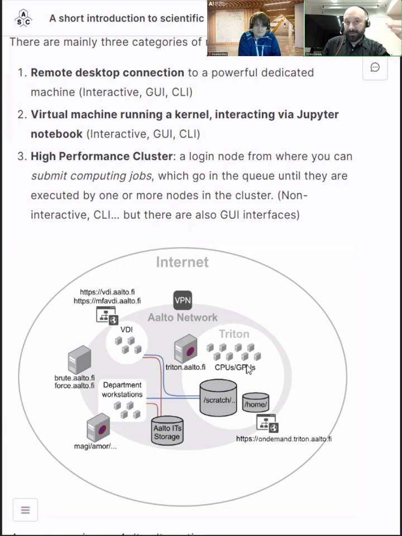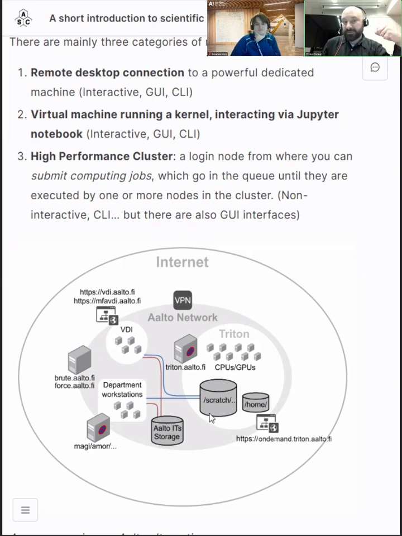This will become clearer with the examples given in the morning and also later in the afternoon with the exercises. Then Triton has its own storage system, and the reason is speed: if Triton tried to access the storage system that you have on other Aalto computers, it would take the Aalto network down, because all the I/O going on between the nodes and the external storage would be too much.